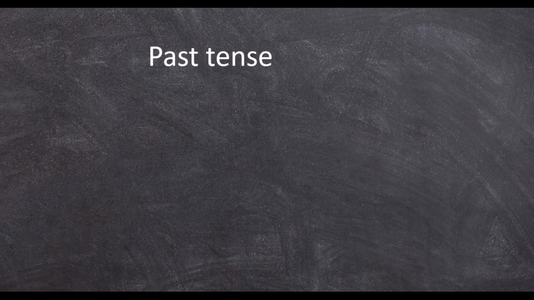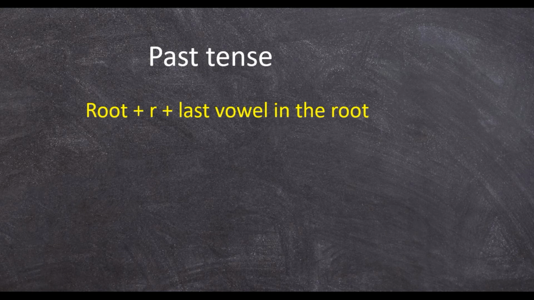Let's do past tense. It says root plus r plus the last vowel in the root. So using Iga again, the root we have is ga. So it says root. Now we need to put r. So we just bring down r. Now it just says take the last vowel in the root. In that root, ga, the last vowel was a.